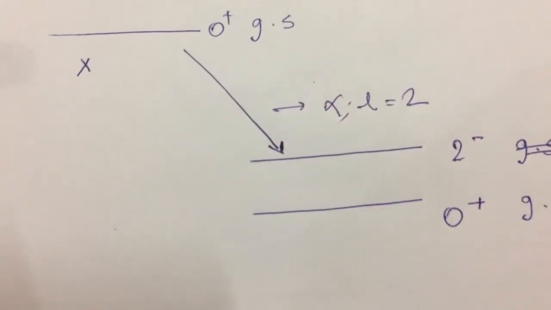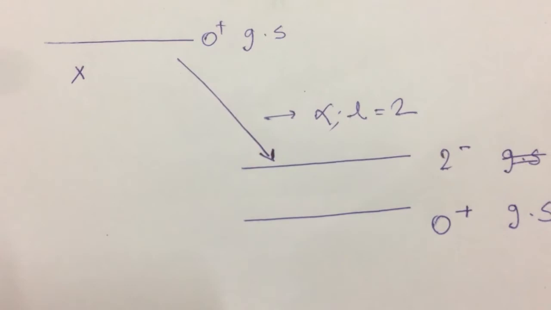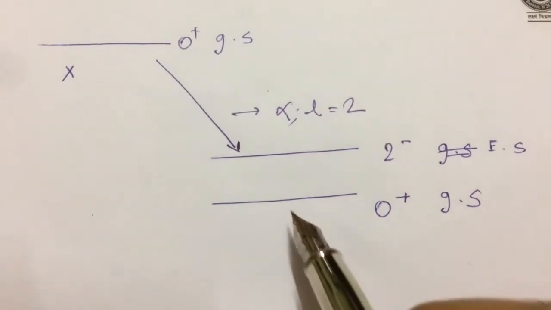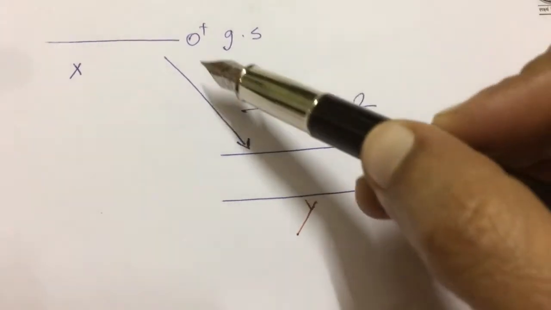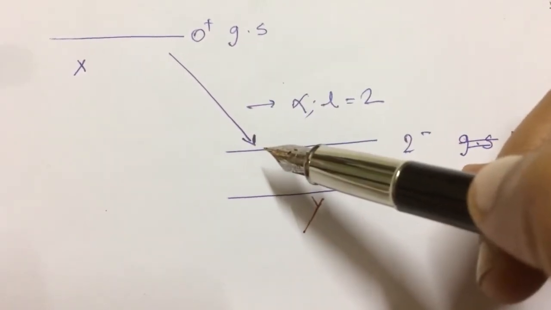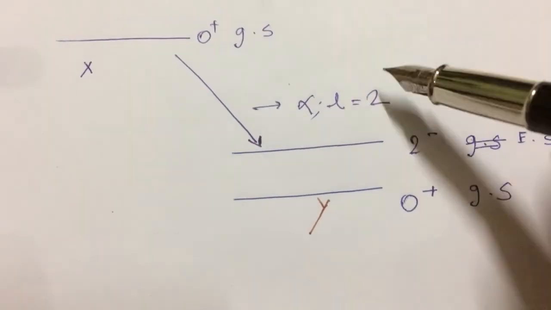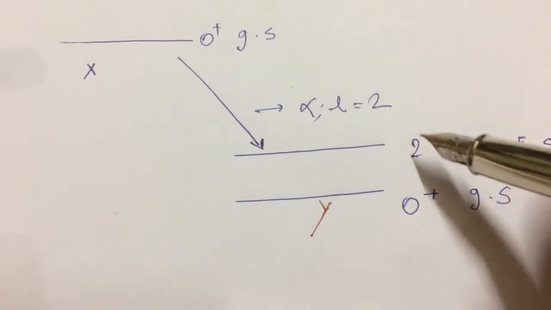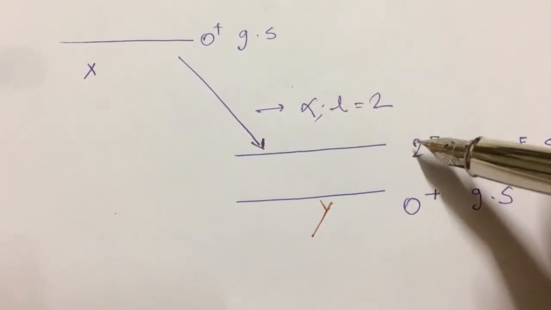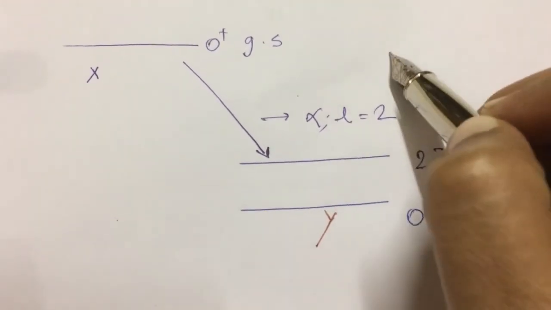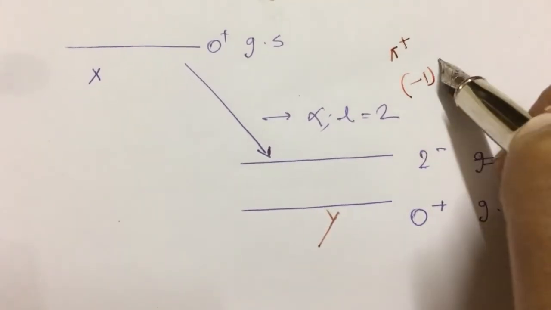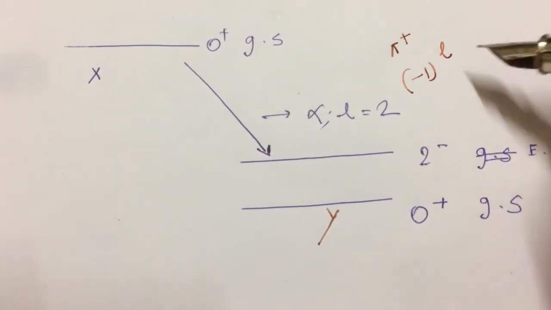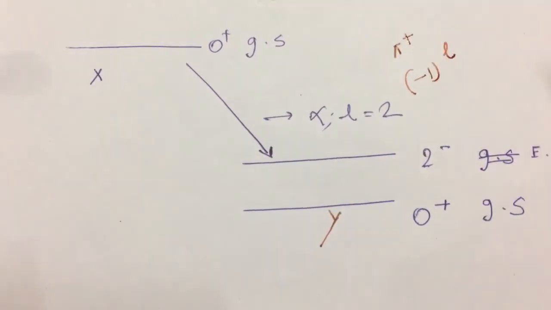Now what happens if the transition is between 0 plus to 2 minus? The first excited state is suppose 2 minus of the Y nucleus. Is it possible for this transition to occur? The answer is no. Because if the angular momentum change is 2 units, we know parity is defined as minus 1 to the power L. L is 2, so the parity change is positive here.